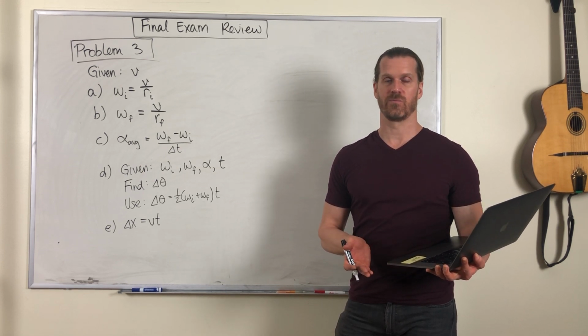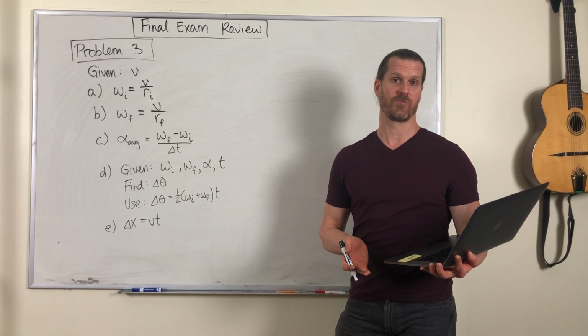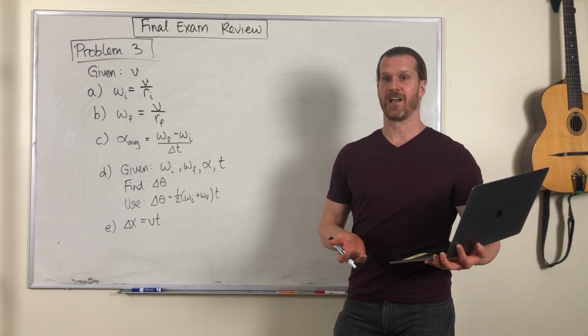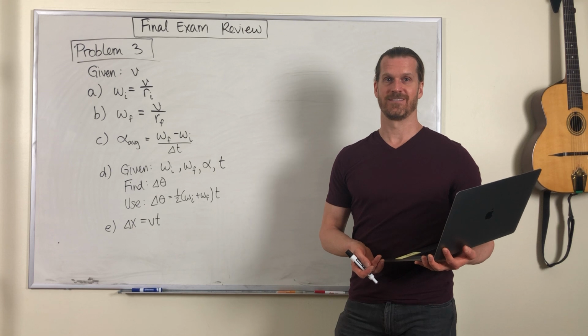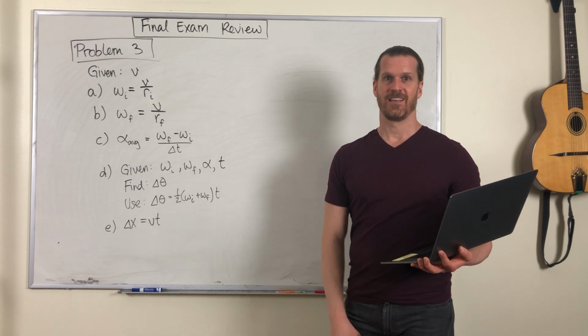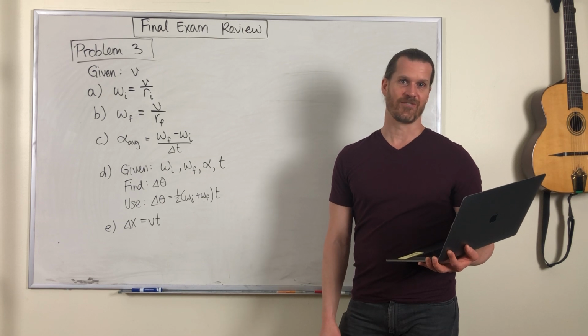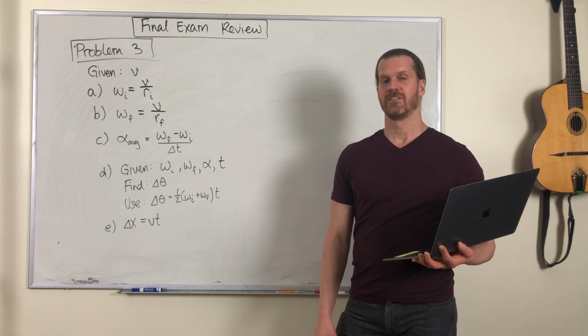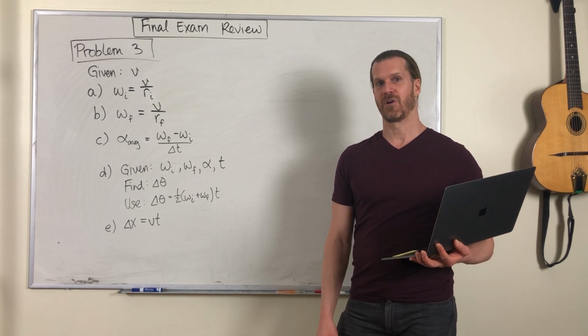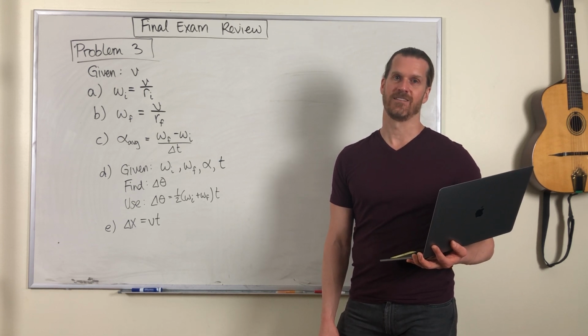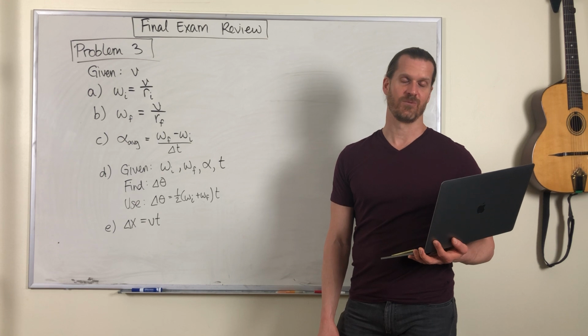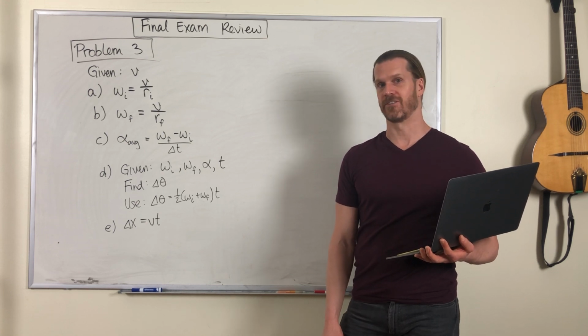I've noticed that something that trips people up sometimes is just realizing that there's a difference between angular velocity and velocity, or angular acceleration and acceleration. So keep in mind that if the problem asks for angular velocity, they mean omega, they don't mean v. That's just regular velocity.